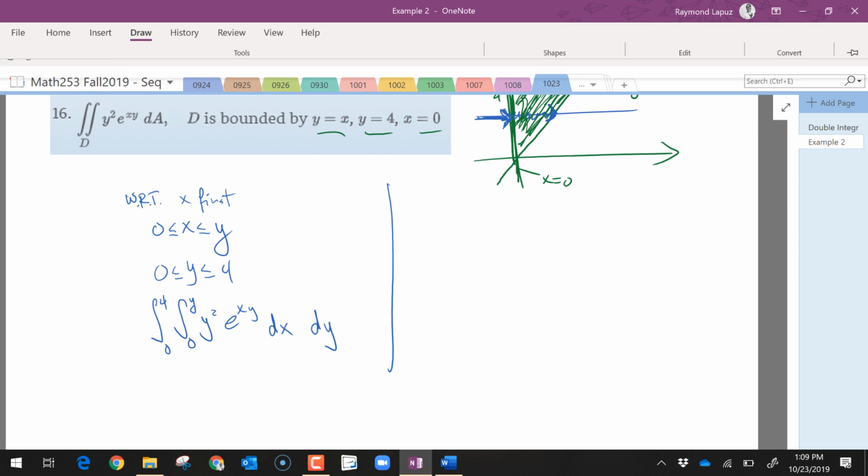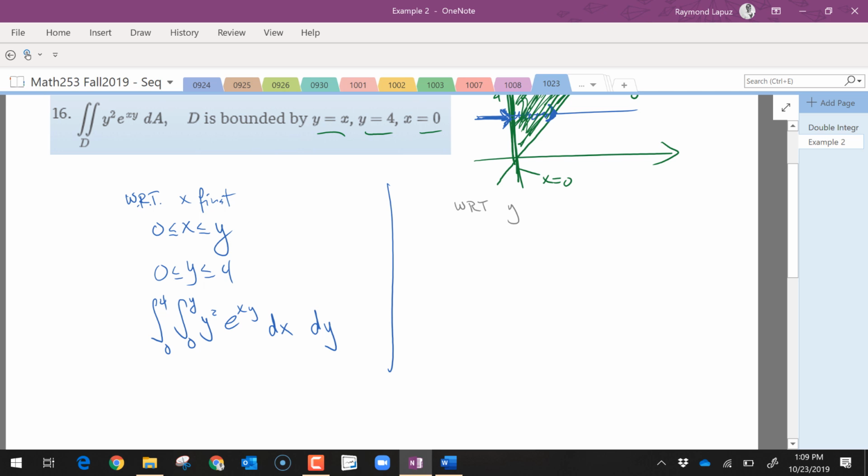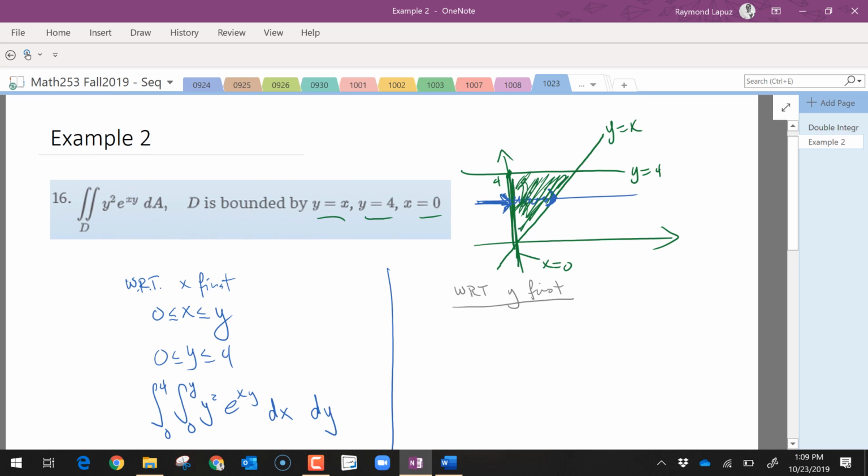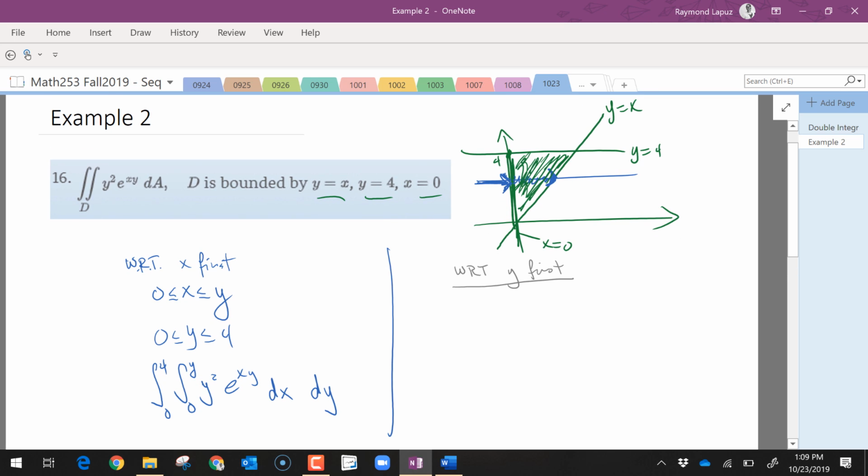And let's now do with respect to y first. Okay, with respect to y, again, I should be able to draw lines parallel to the y-axis, and hopefully the functions remain the same for whichever line I draw.